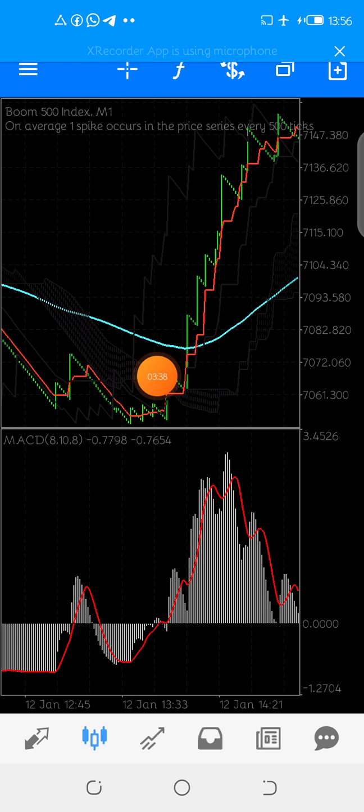Okay, another thing you find, like here, the oscillator here is bigger and this is smaller, so it clearly indicates a divergence, this one here and this one here.